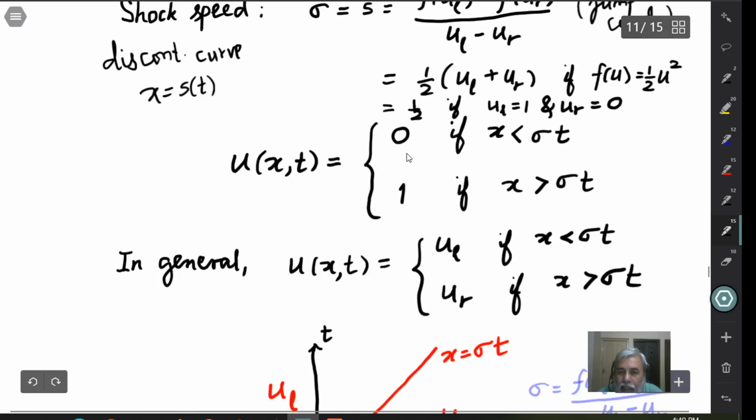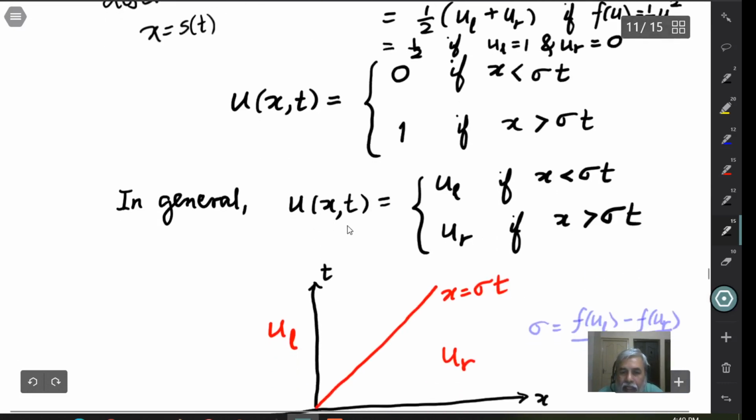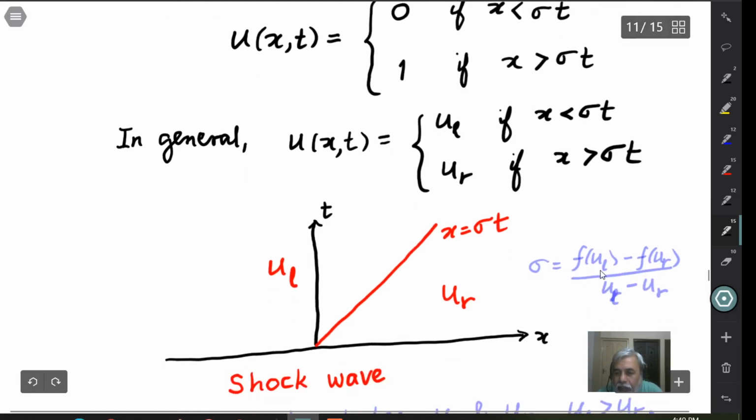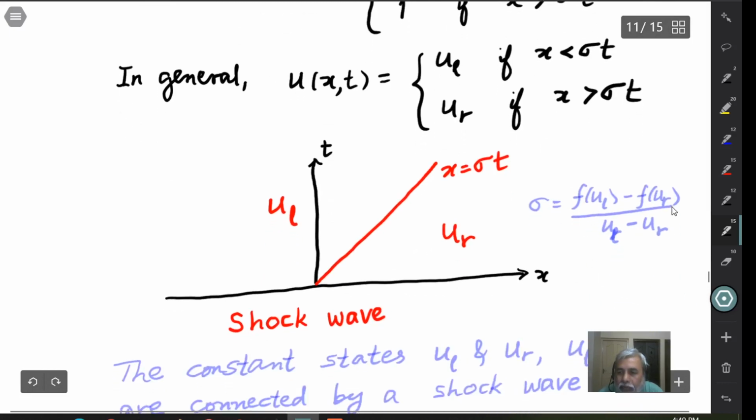Okay, so in general, if you take UL and UR as the constant states, then we get the solution as u of x, t equal to UL if x is less than sigma t, and UR if x is bigger than sigma t, and sigma is given by this ratio, f of UL minus f of UR divided by UL minus UR.